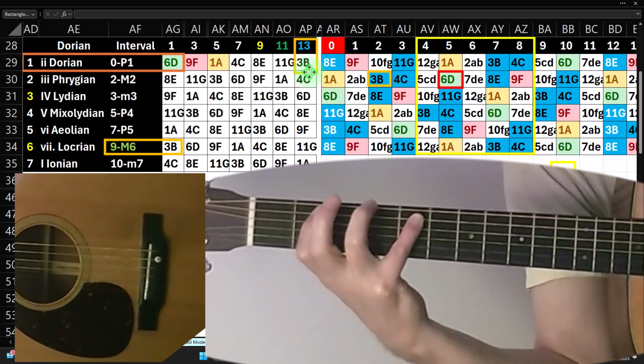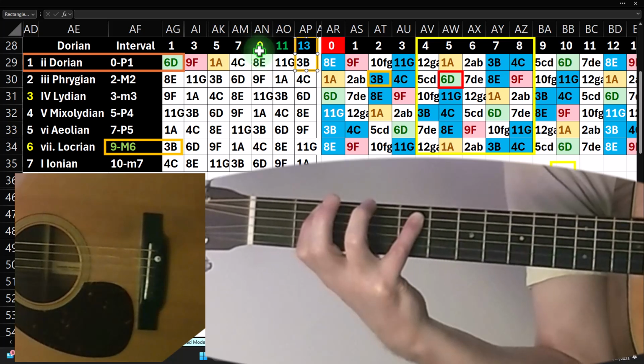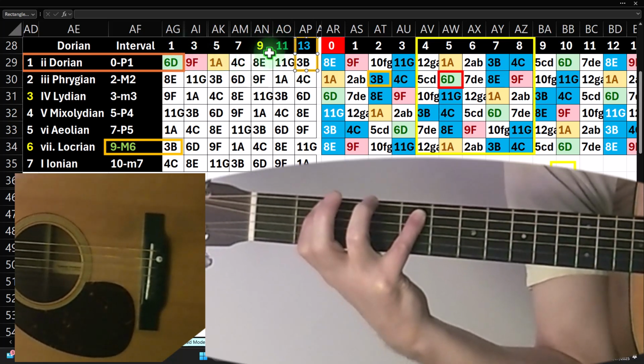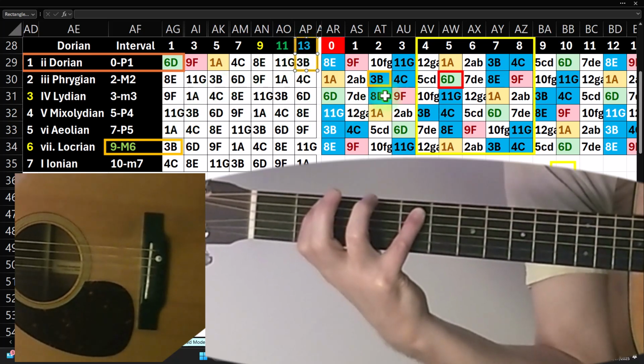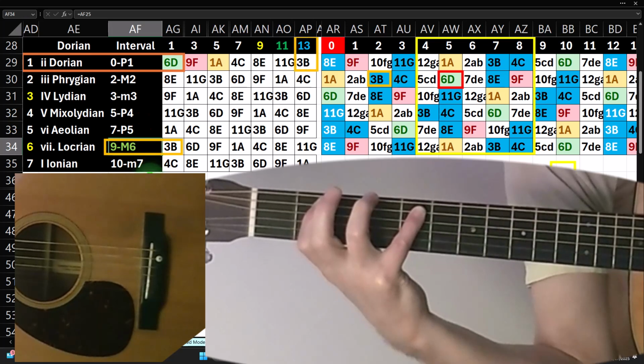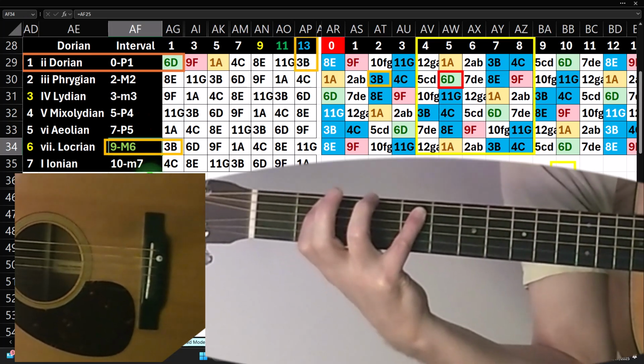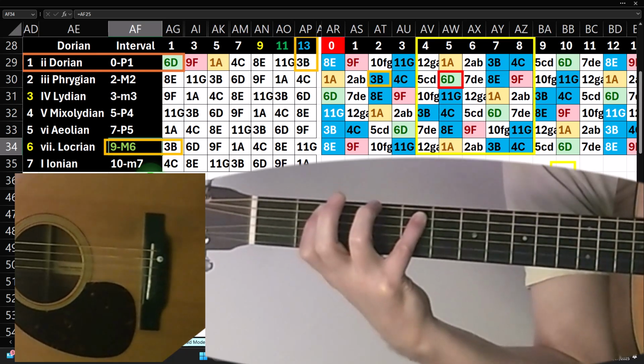It's the 13, because this 9, when I make a chord, represents the 2. The 11 is the skipped 4, and the 13 is the skipped 6. So we're on the 9-note away major 6, or you could say major 13, basically. Okay, and so that's going to be the idea.